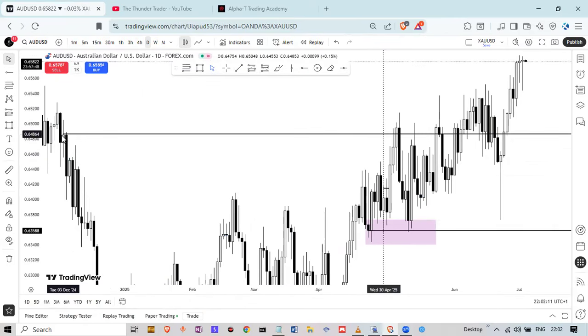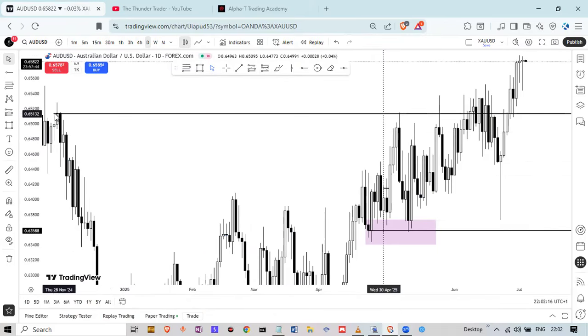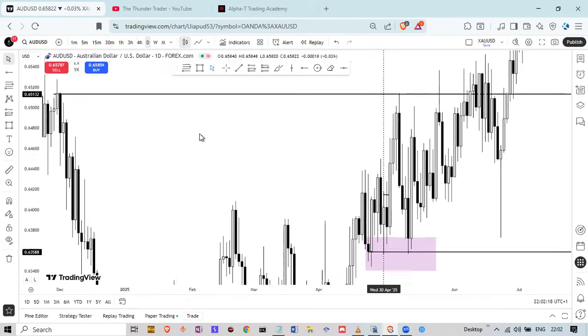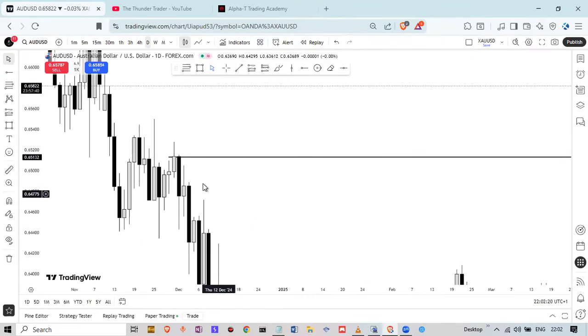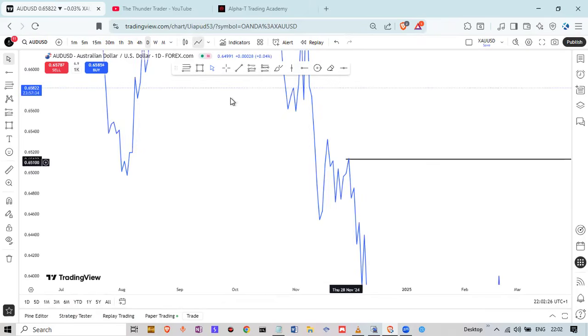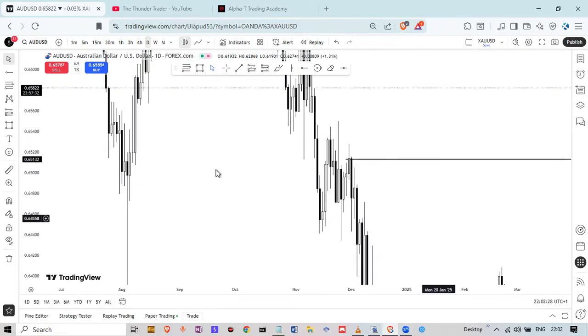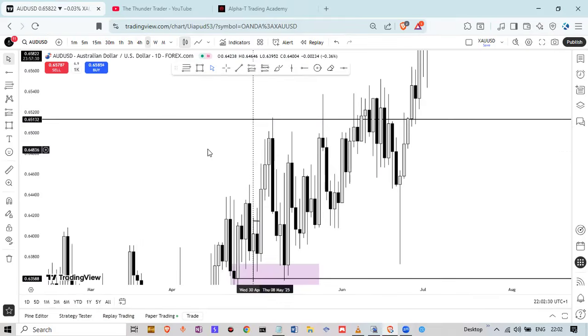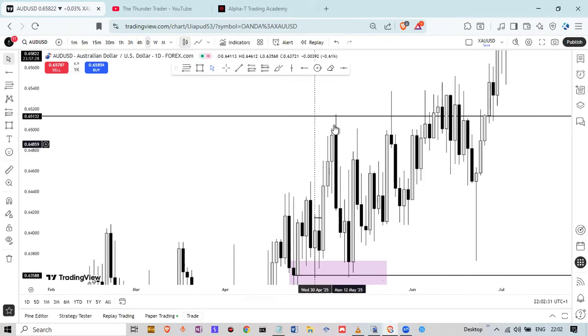Can you see? Fantastic. Can you see this level? On your line chart, you can see it's a resistance level. Now, the moment we see price approaching this level, we want to draw a box there.